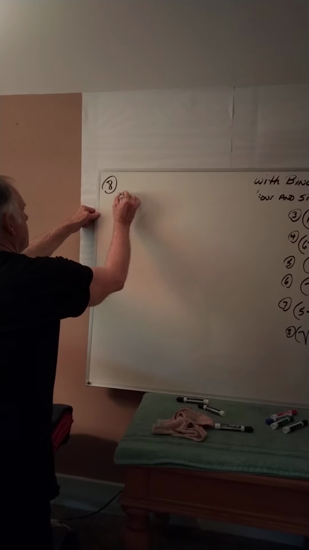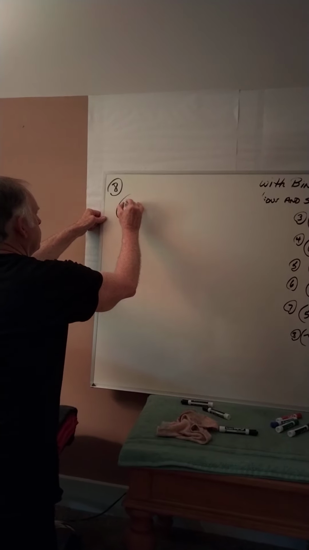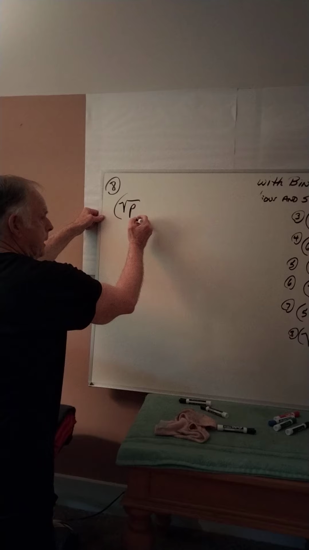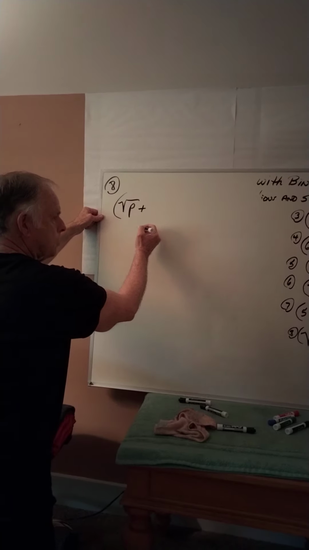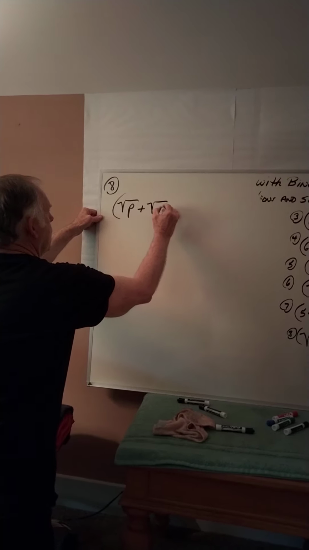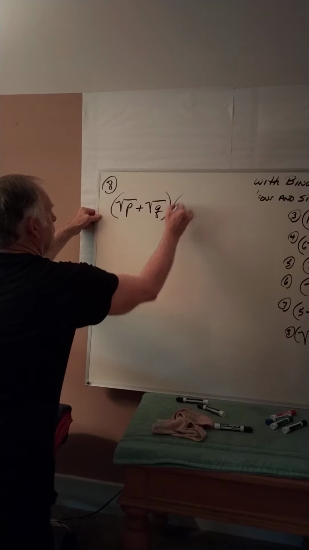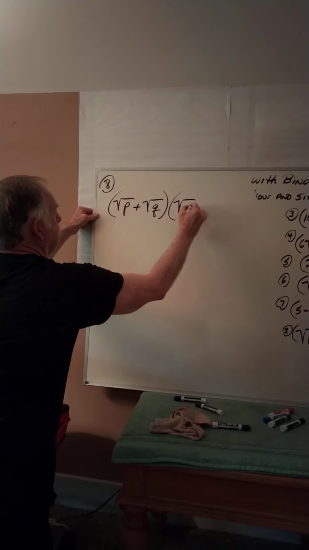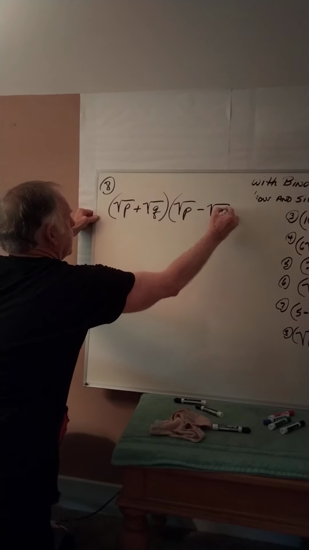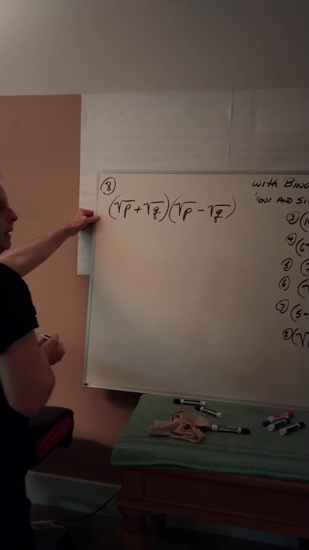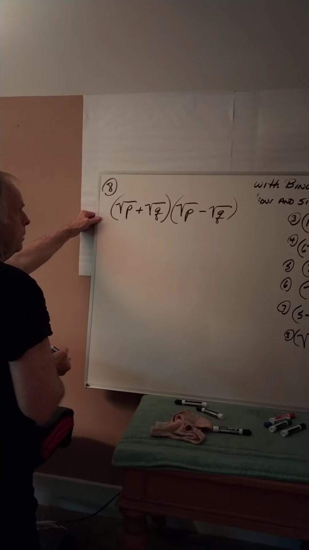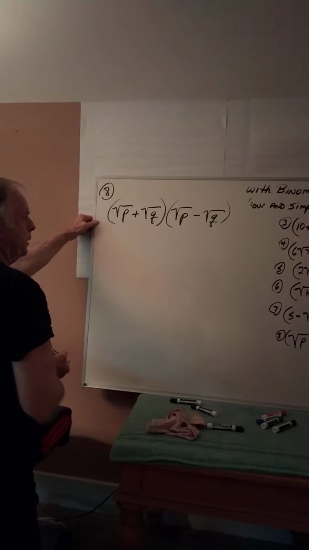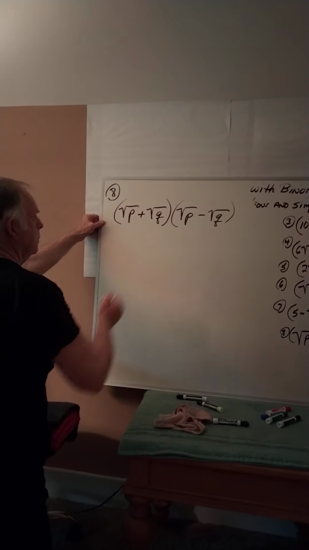Number 8. The quantity of the radical of p plus the radical of q multiplied by the radical of p minus the radical of q. Now this time, they're conjugates. I'm not doing the outer and the inner because they're going to go.